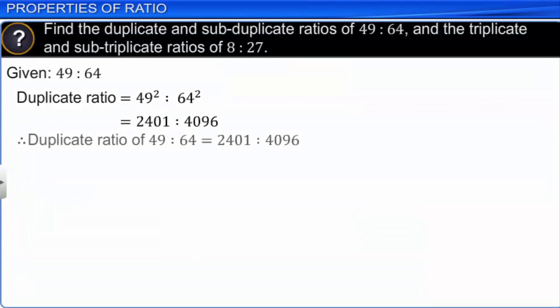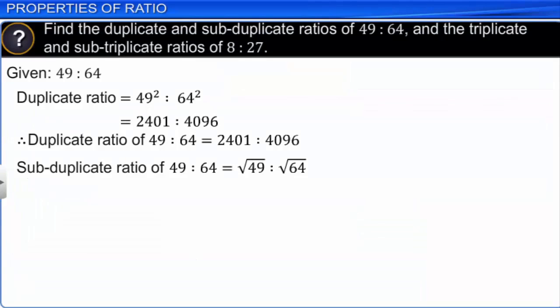Therefore, the duplicate ratio of 49:64 is 2401:4096. Subduplicate ratio is obtained by finding the square roots of the two terms. Therefore, the subduplicate ratio of the given ratio is 7:8.